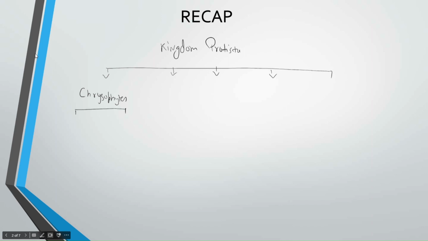There we have desmids, pollution indicators as they grow in clean water only. And they are regarded as golden algae.